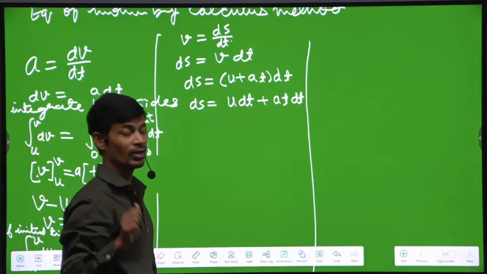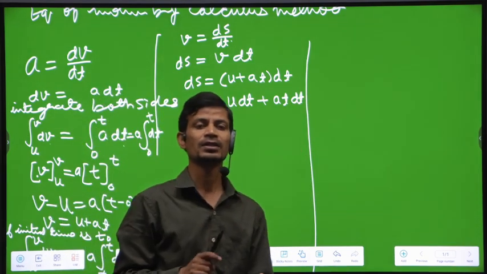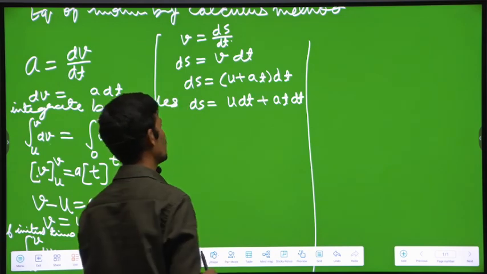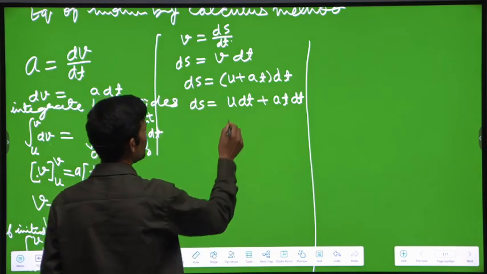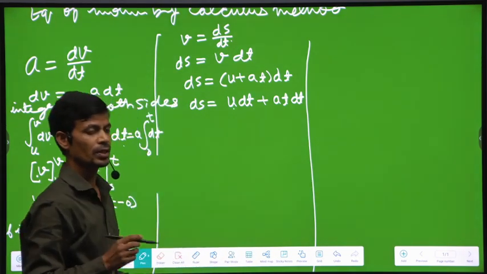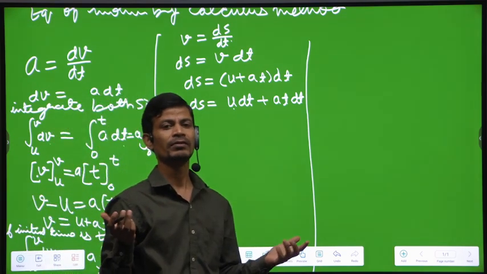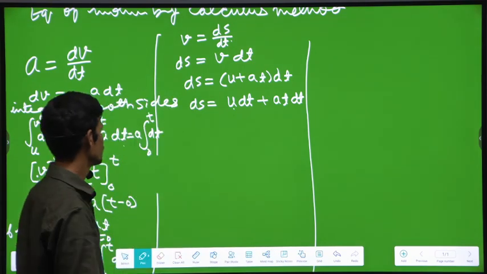Remember, I remind you again, acceleration is constant. This is applicable for constant acceleration only. Here u is also constant because initial velocity will never change.